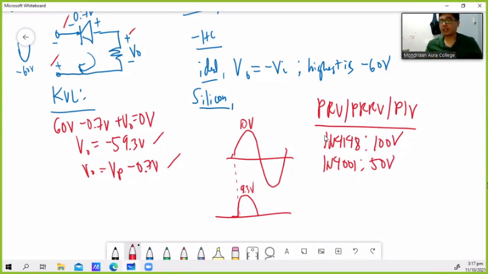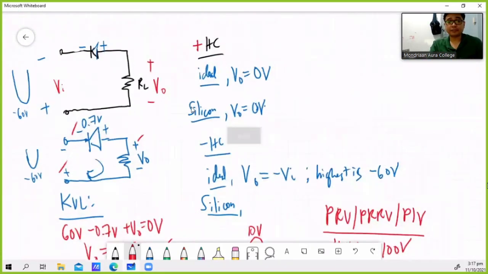So tingnan natin kung talaga nakinig kayo sa akin. Okay? So ang input natin is positive 60, ang pinakamataas sa positive half cycle, and negative 60 para sa negative half cycle natin. Kailan ba nagre-reverse bias ang ating diode? Nagre-reverse bias siya during the positive half cycle. Okay?